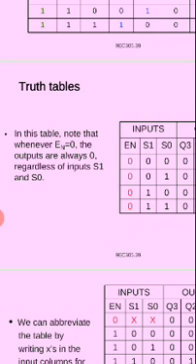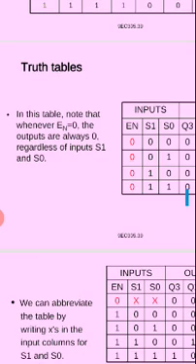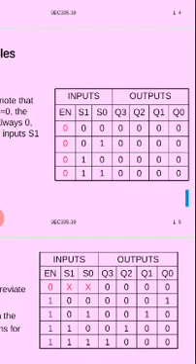In this table, note that whenever En equal to 0, the outputs are always 0 regardless of inputs S1 and S0. This is shown in the truth table. All outputs are 0.